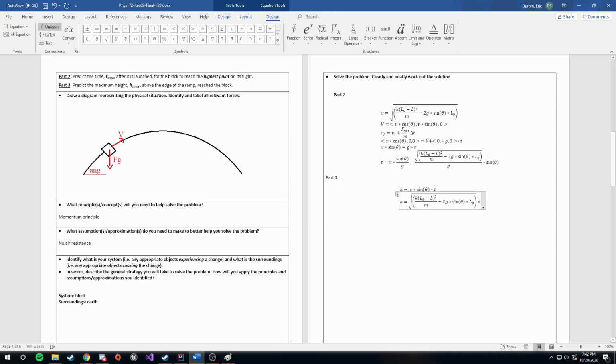Mm-hmm. Sine theta over g times sine theta? Yeah, that's good. K times L0.